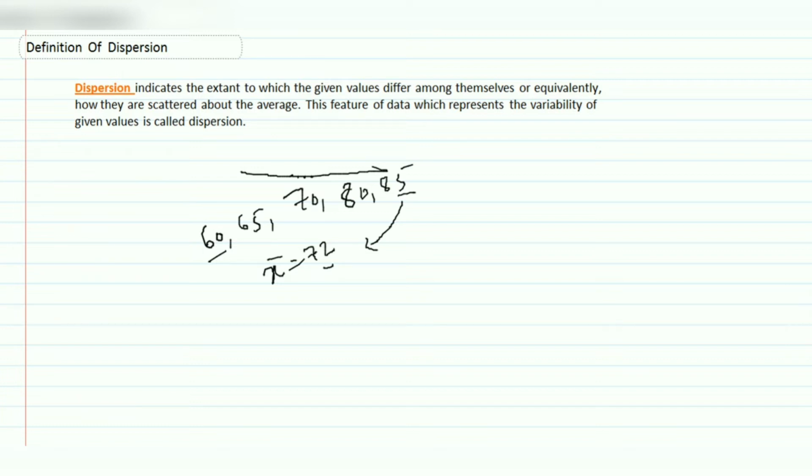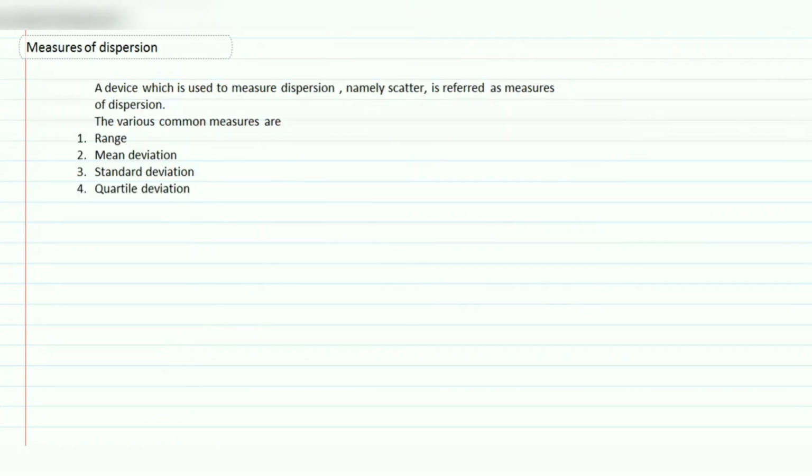The dispersion indicates the extent to which the given values differ among themselves, or equivalently how they are scattered about the average. There exists a device used to measure dispersion, or scatter, and this is referred to as the measures of dispersion.